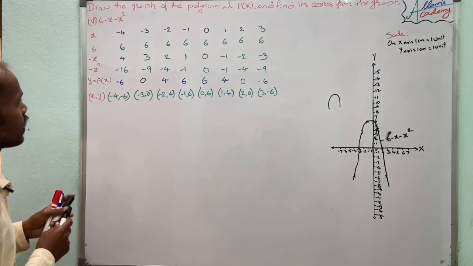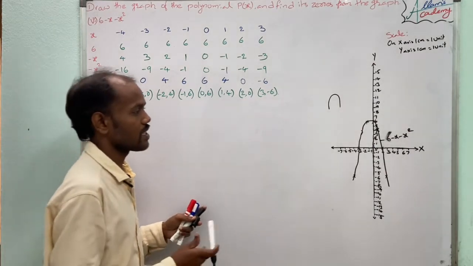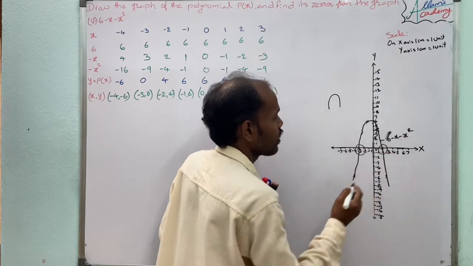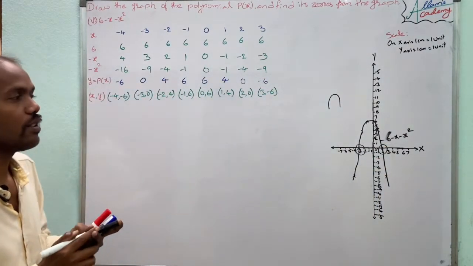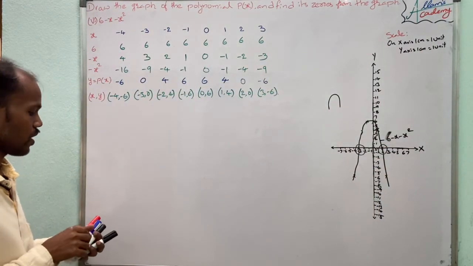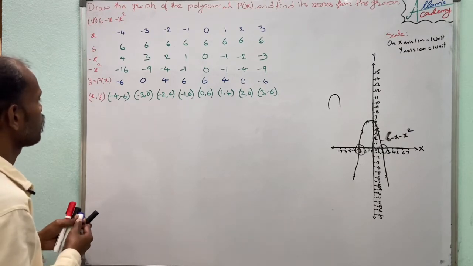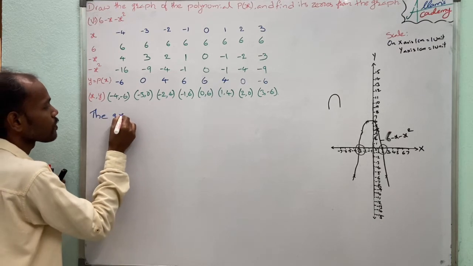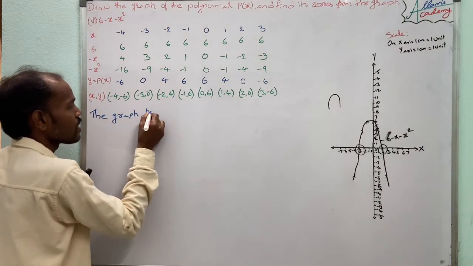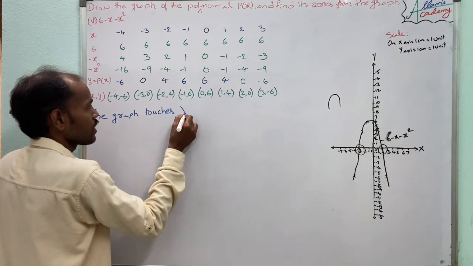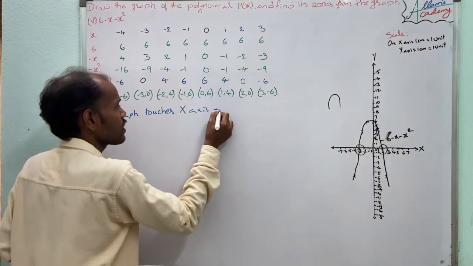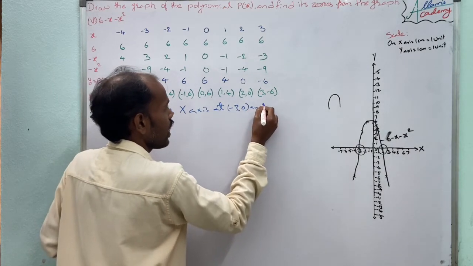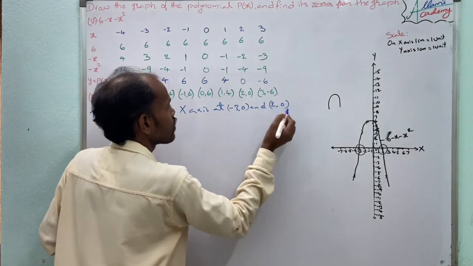Okay, so here the graph touches the x-axis at 2 points, that is minus 3 and 2, so it has 2 zeros. The graph touches the x-axis at minus 3 comma 0 and 2 comma 0.